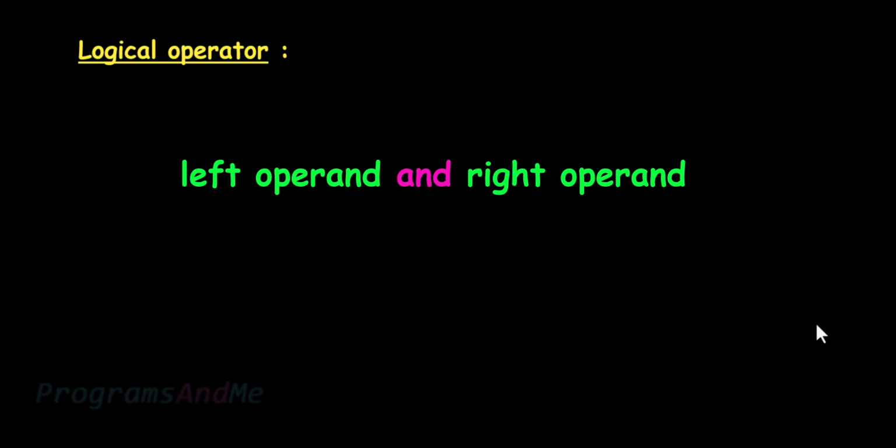If one of the operands is false, then we return the first operand, right? So no need to check the second operand. No need to evaluate that. So it won't do that. It starts the evaluation from left to right. As soon as an operand is false, logical AND evaluates as false, returns operand 1, the first operand or the left operand, and skips the execution of the remaining operands.